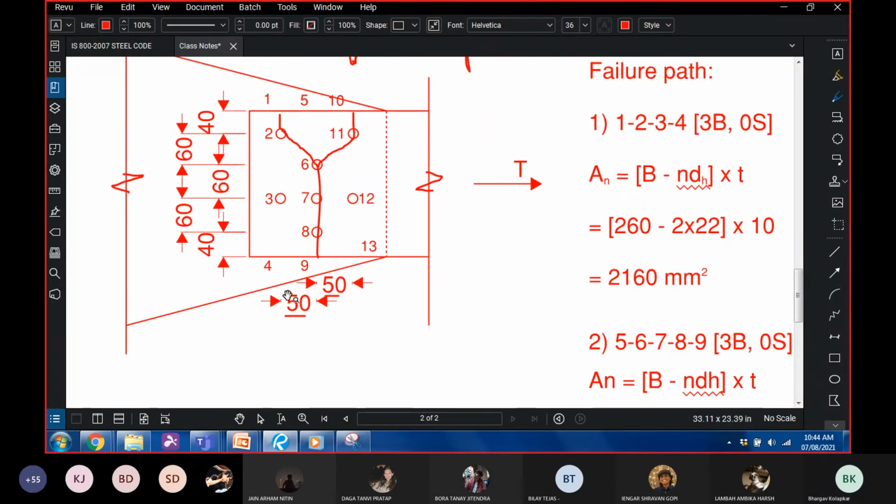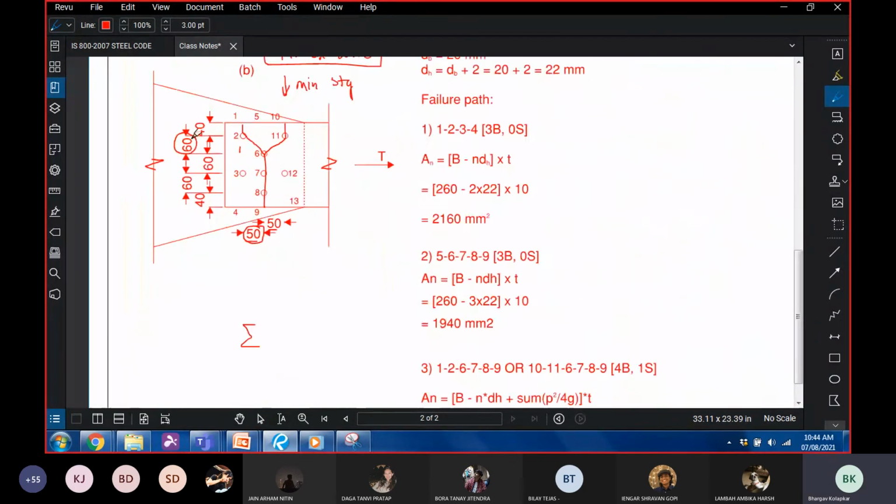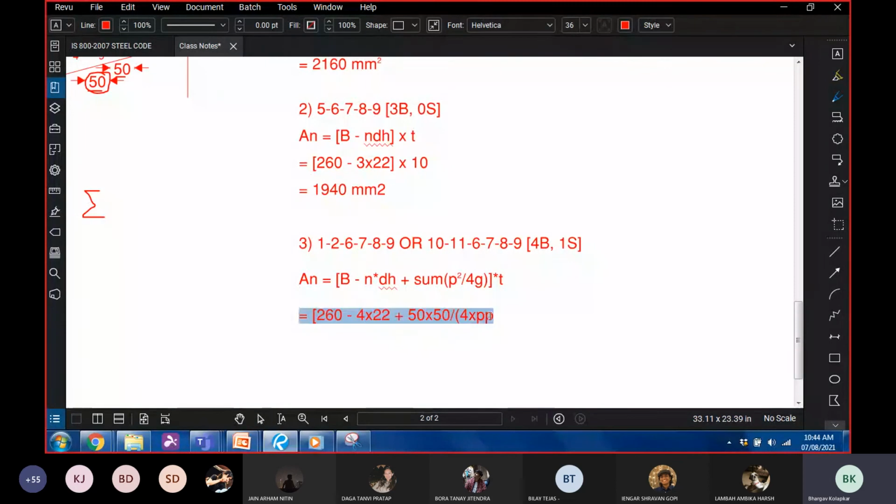Pitch is 50 and the gauge here is 60. So p square by 4 times 60.